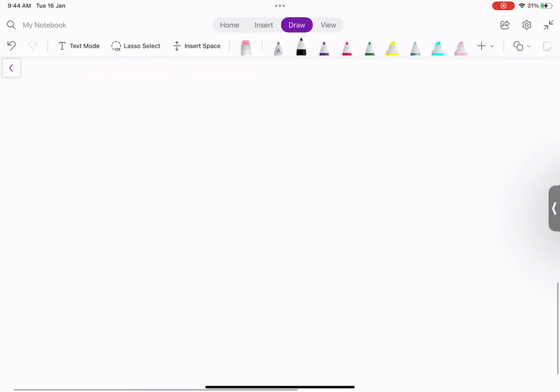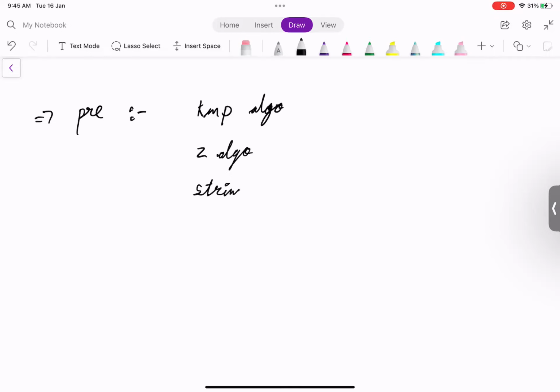So, firstly, let's look at the prerequisites of this problem. You should know one of these: the KMP algorithm, or Z-algorithm, or string hashing. Basically, you should know some algorithm with which you can do string matching.